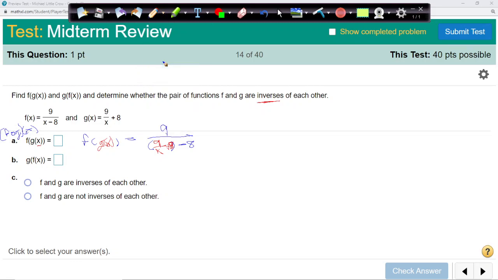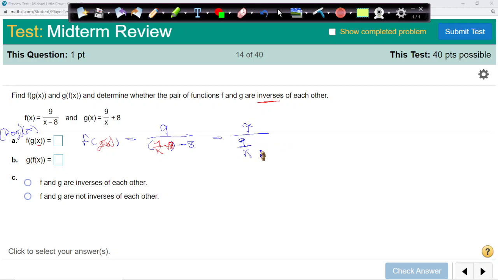Okay. So we can remove these parentheses, and we've got a plus 8 minus 8. So that gives us 9. And notice we're not trying to get rid of this x in the denominator just yet, because we don't really need to simplify.